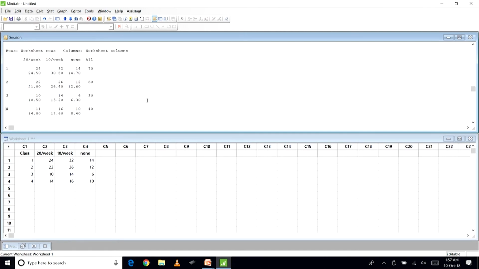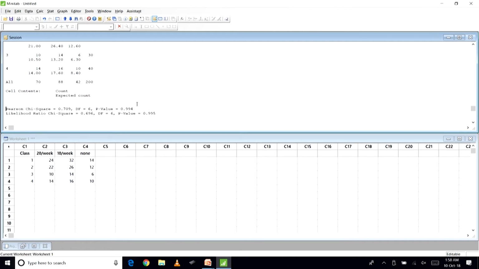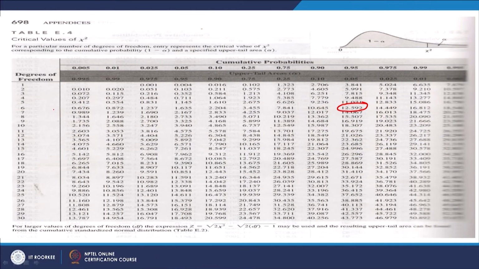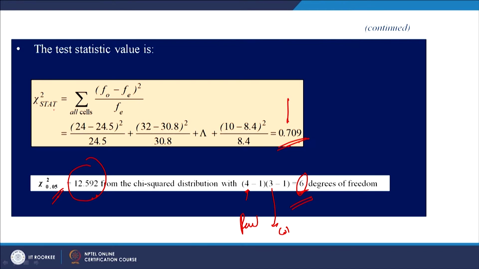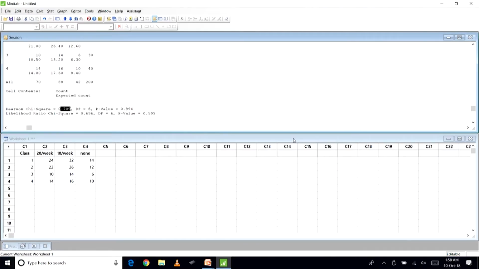So, this is what you have obtained. The chi-square is just 0.709, exactly the same as what we were getting, right? And the expected values can also be seen over here.